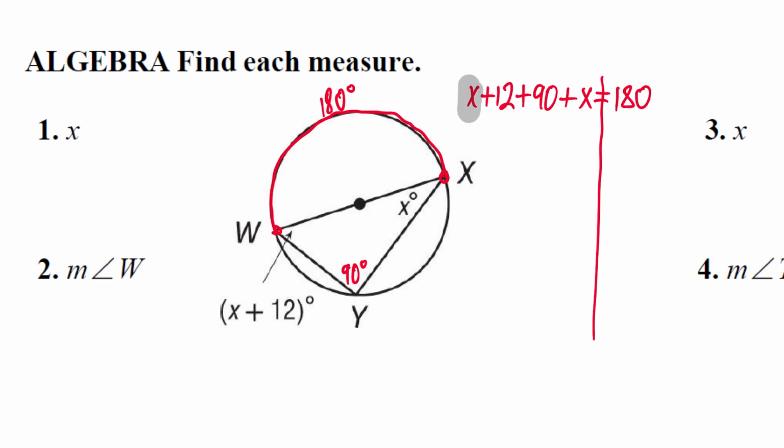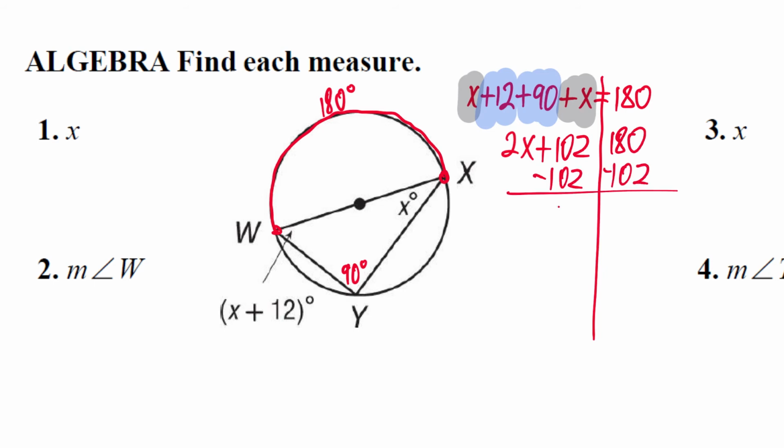All right. Combine like terms. So we're going to have 2x plus 102 equals 180, minus 102. 2x equals 78, divide by 2, x equals what?